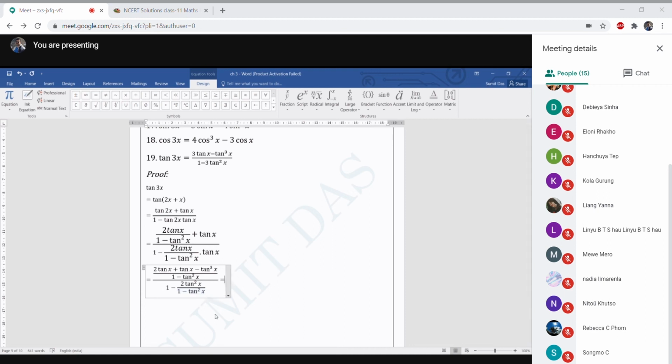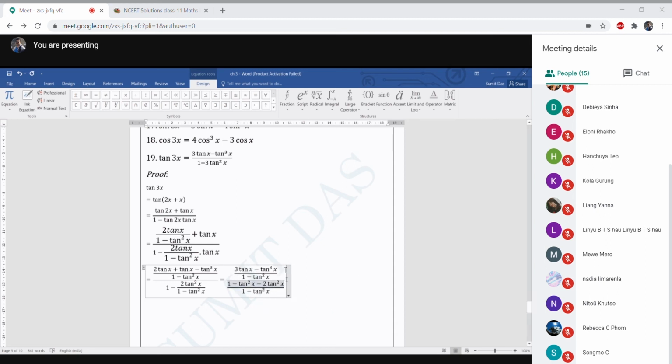So if you simplify this one again and again, the numerator will be 3 tan x minus tan cube x, and the denominator LCM will be this, minus 2 tan square x.